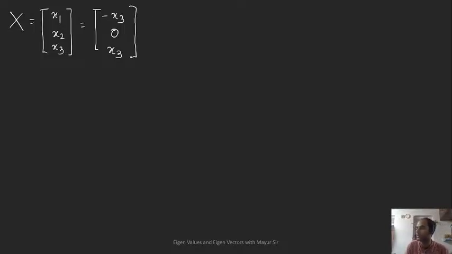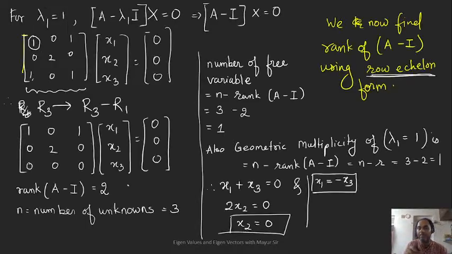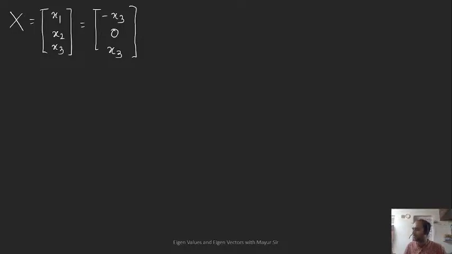Now you come to know what is the meaning of a free variable. What is that free variable? See, we said number of free variables. You can write free variable, but here we got 1. Number of free variables is 1. So out of 3 variables, 1 variable is free. 1 variable is free means it is independent of anything.